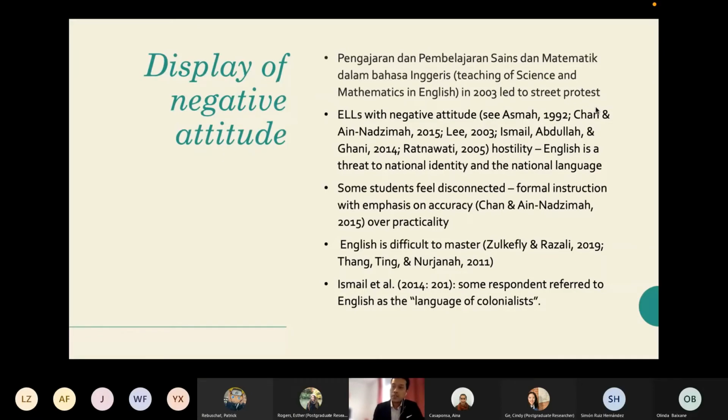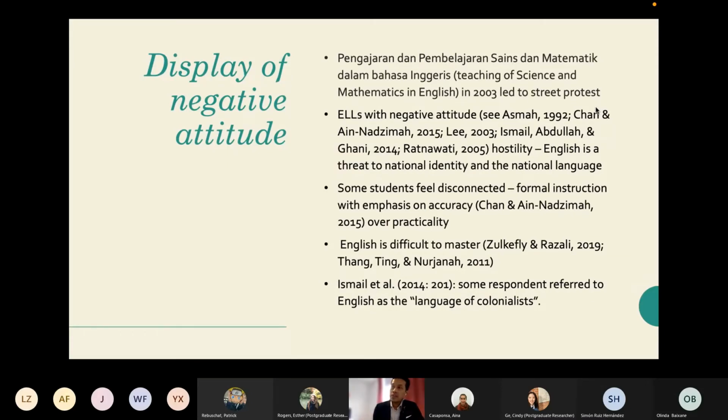And some students admitted to feeling disconnected from English because they felt that the way it is taught in class seemed formal, and emphasis was given to accuracy.